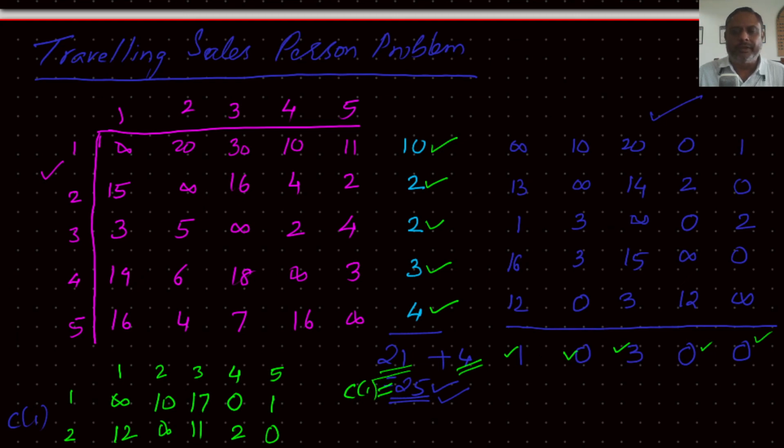So 225 and 142. 142, 225 is 0. 142 is 28. C dash is 0. So therefore this is 28.